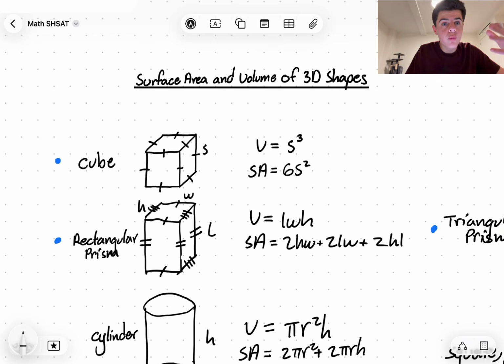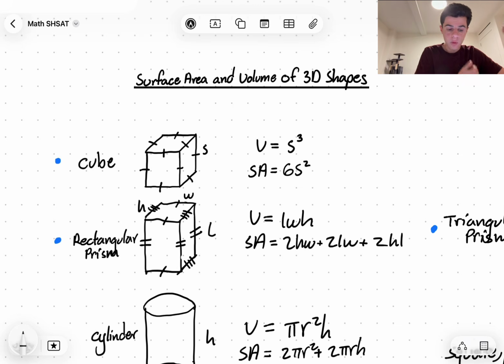So I wouldn't worry too much about it, but it is still possible. They just show up much less frequently or even never, but they are still possible topics. So it would be a good idea to make sure you know all of these.